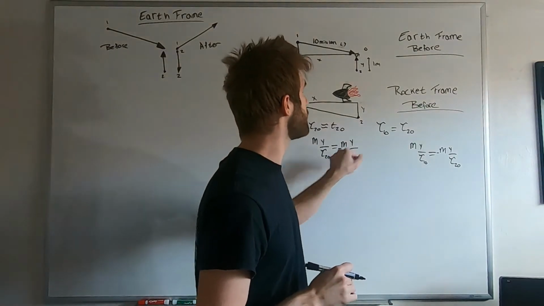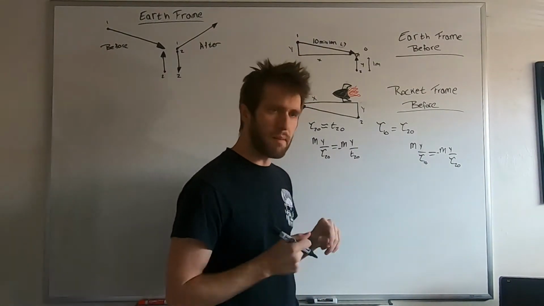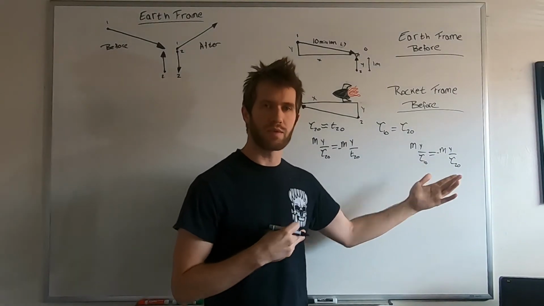This is only true within the Earth's frame, and that is where we can see the problem that would occur if we were considering a non-proper time sort of idea.